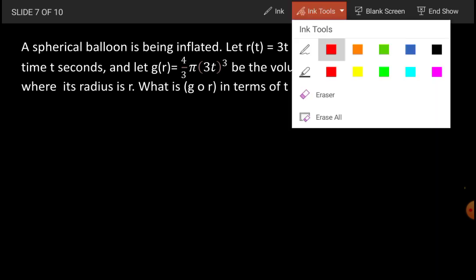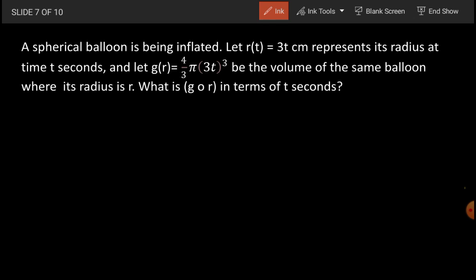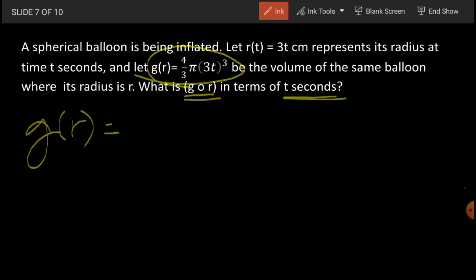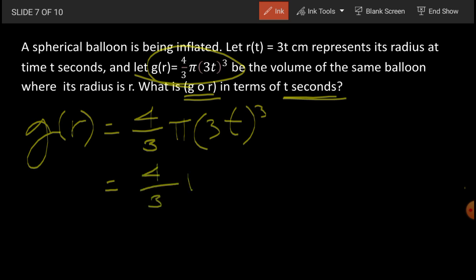So we are going to find the composite functions g of r in terms of t seconds. From our function g of r, we just have to simplify it. 4/3 pi times 3t quantity cube, so that's equal to 4/3 pi.